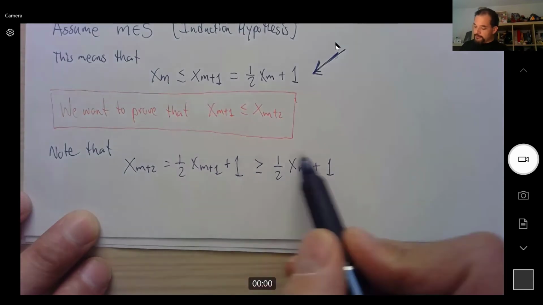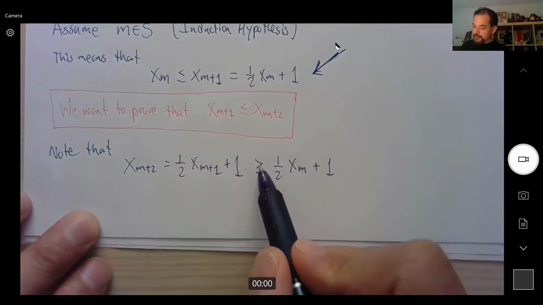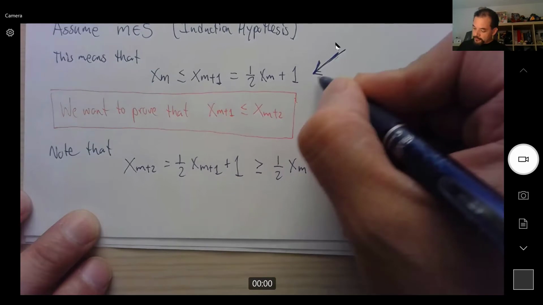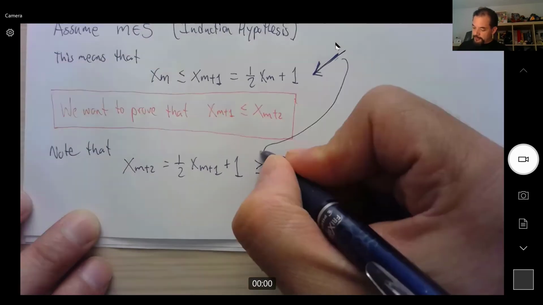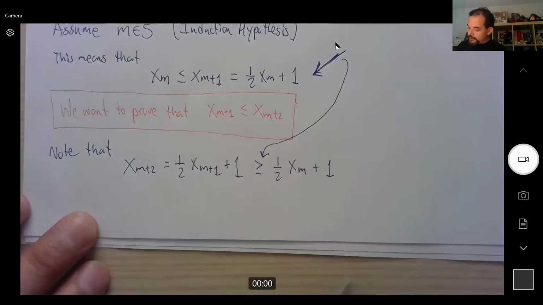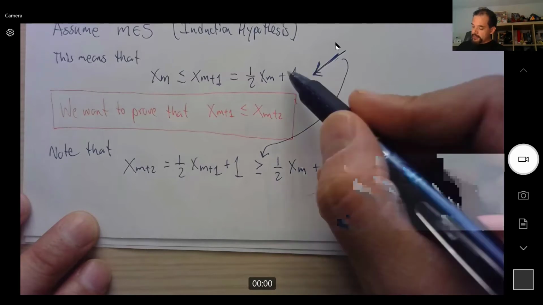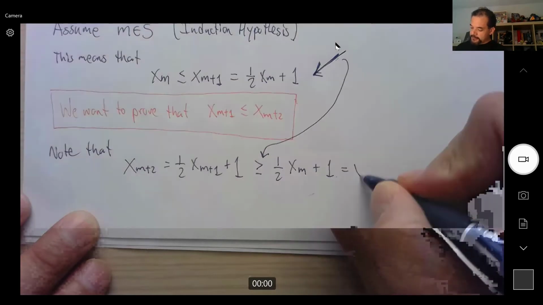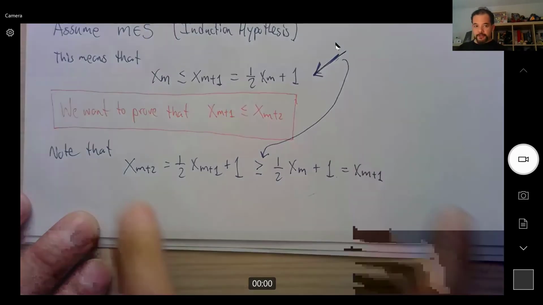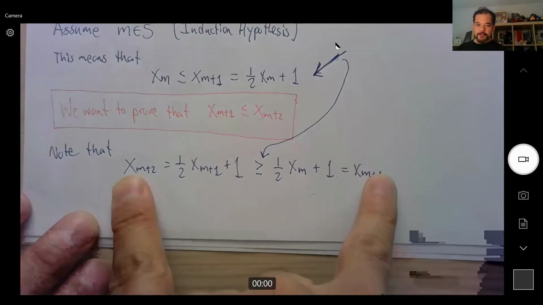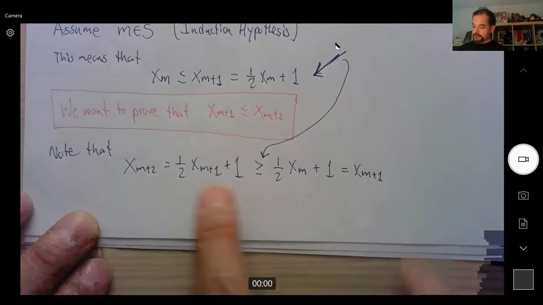Because this guy is bigger than this. I'm using right here my hypothesis. So this is used right here. And then the kicker is the final part, is that this expression over here, as you can see from here, is exactly the same as xm plus 1. So now if you read this from the first to the last, what it says is that xm plus 2 is greater than or equal to xm plus 1.